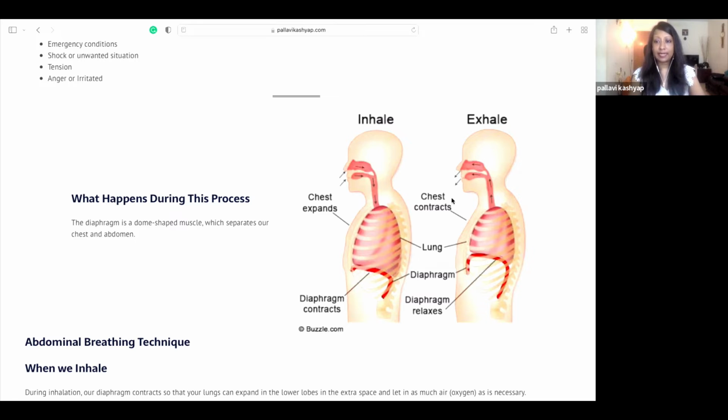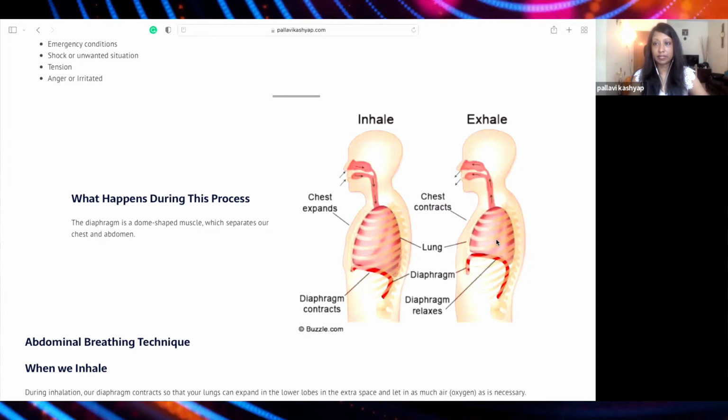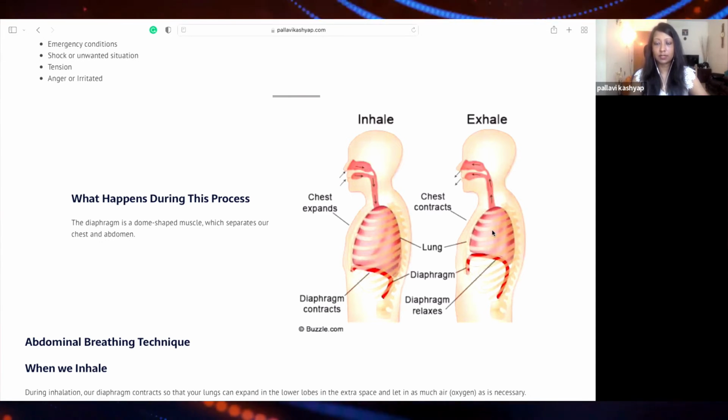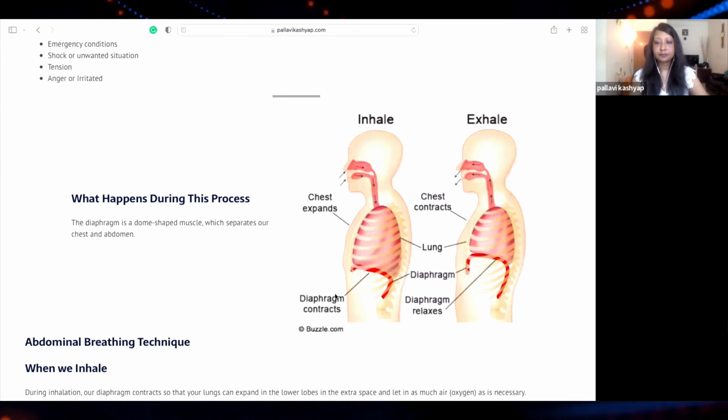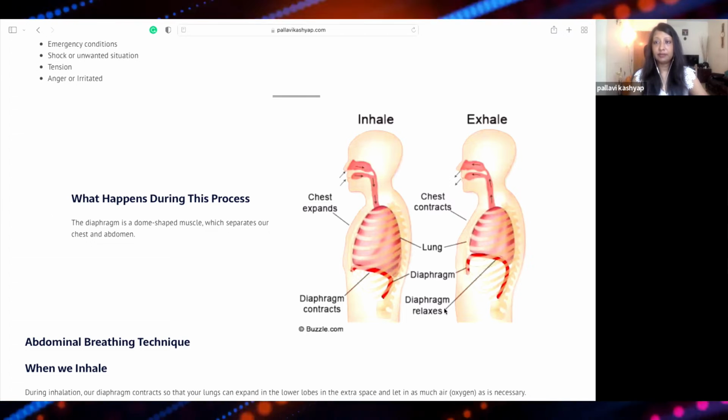When you are exhaling, the carbon dioxide comes out, and the diaphragm relaxes. When you push out the air, the diaphragm relaxes, and this allows most of the used gases, the carbon dioxide and other toxins, to go out. So when you're inhaling, the diaphragm contracts, and when you're exhaling, the diaphragm relaxes.